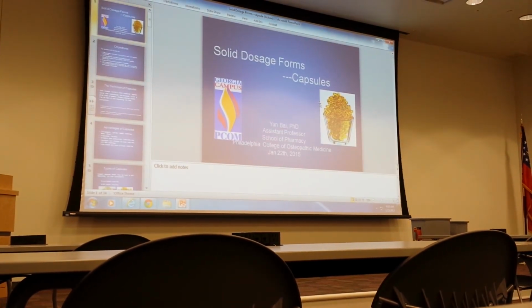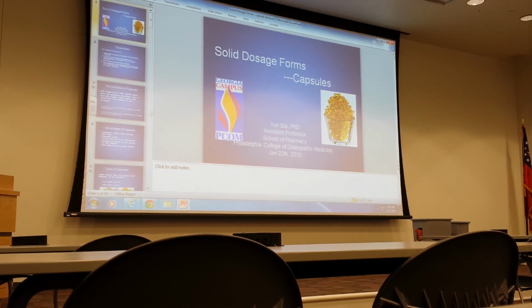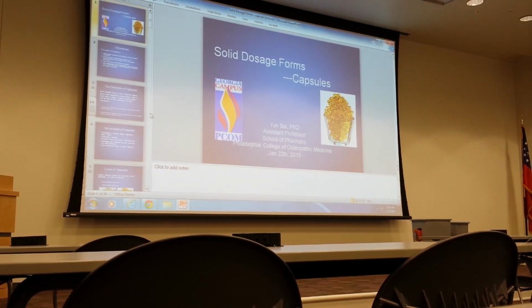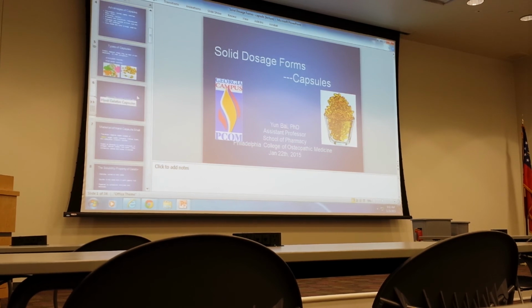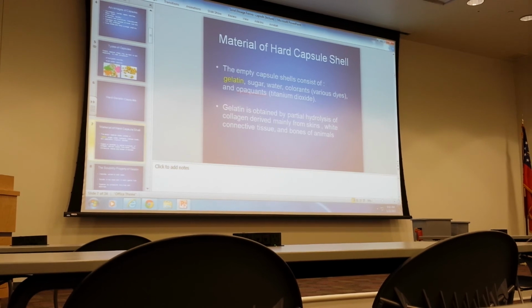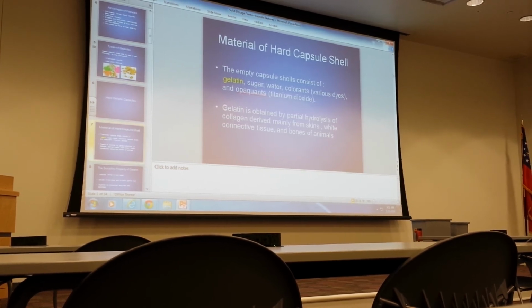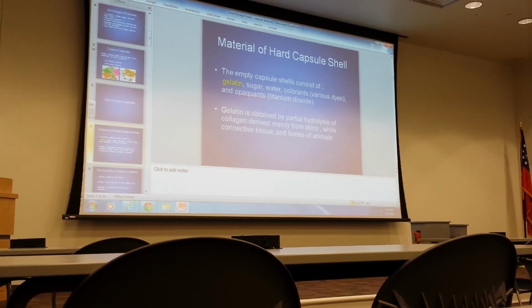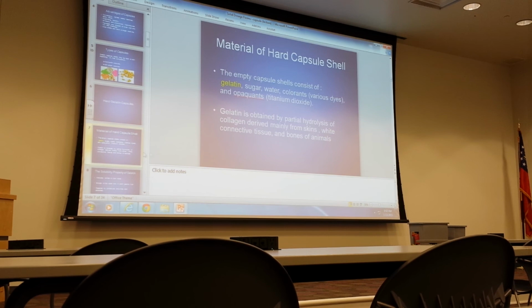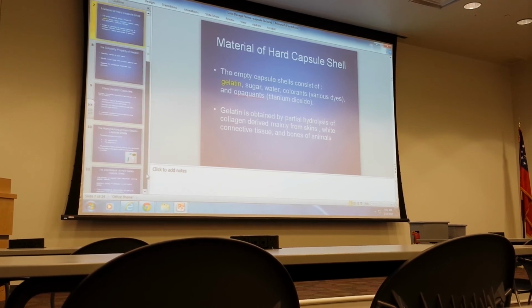Then we start to talk about capsules. So for capsules, even though it's a very important dosage form, actually we didn't talk much about it. Then the one thing you need to know is what this capsule shell is made of, and then why those are added to this soft capsule shell to make it flexible and soft, and then the solubility property of gelatin.